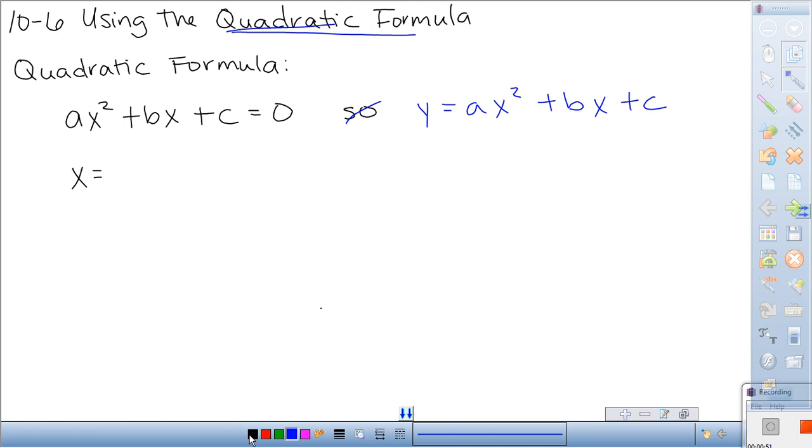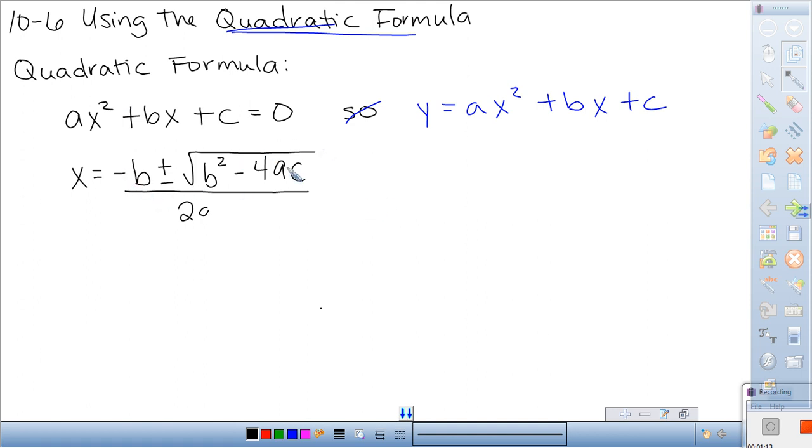So here's our formula. Our formula is x equals the opposite of b plus or minus the square root of b squared minus 4ac, all over 2a. Now I know that this looks really complicated, but it's really not.